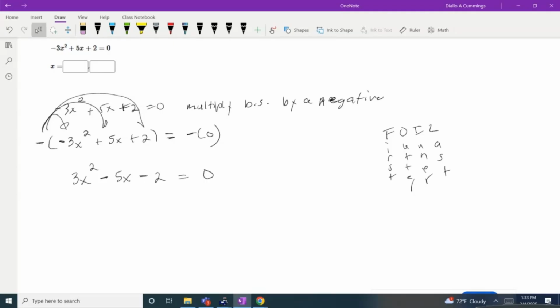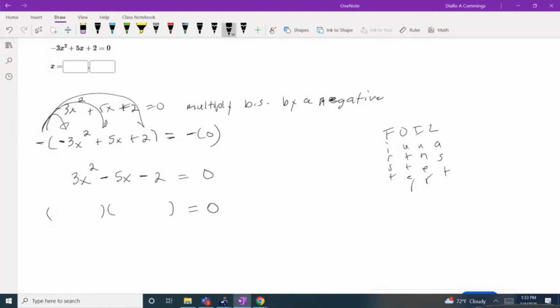So we're going to reverse that process and we're going to factor. So we're doing a reverse forward method. So the first thing I'm going to do is make two sets of parentheses and I'm going to set equal to 0.